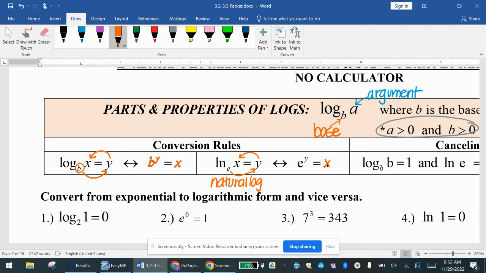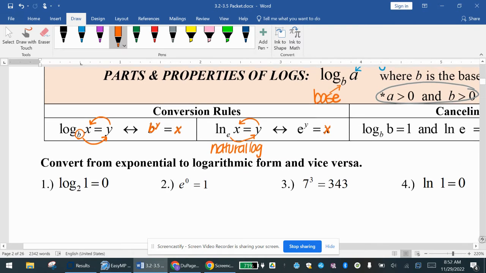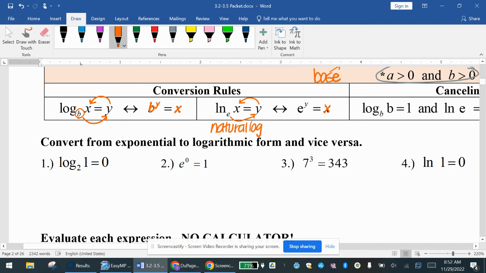Okay, so let's practice that a little bit. And then I'll come back and explain the canceling rules in just a second. Okay, so let's just practice the conversion rules for now. The directions say convert from exponential to logarithmic form and vice versa. Since number 1 is in log form, we need to rewrite it into exponential form.